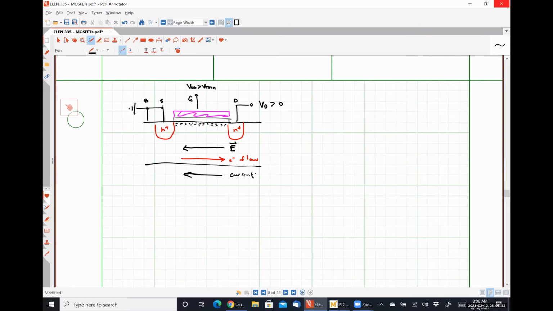So for our schematic diagram representation, that is why let me see how I want to draw this real quick.